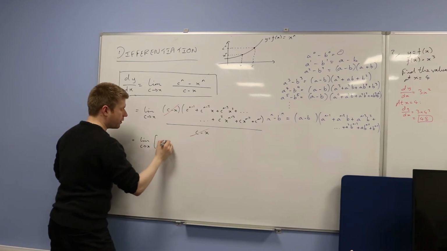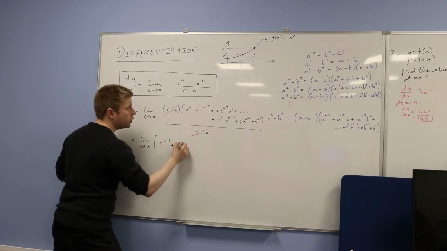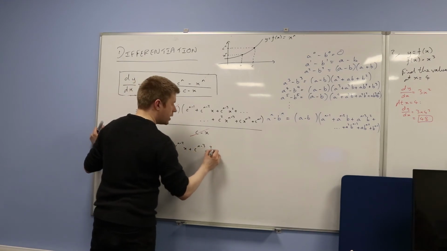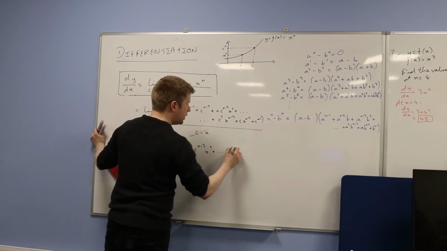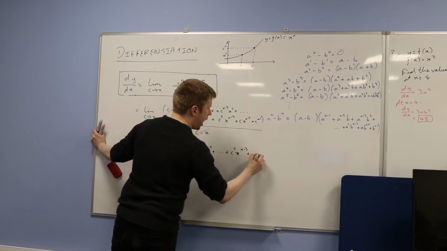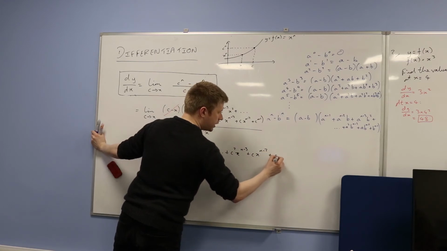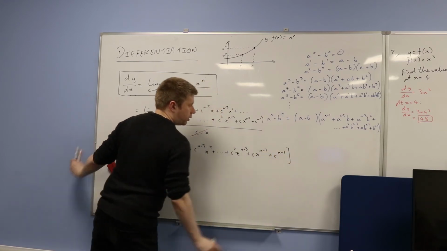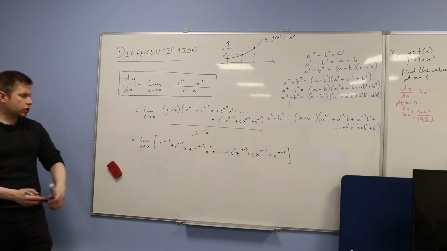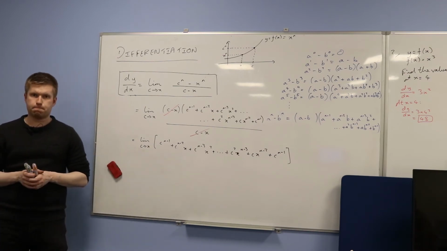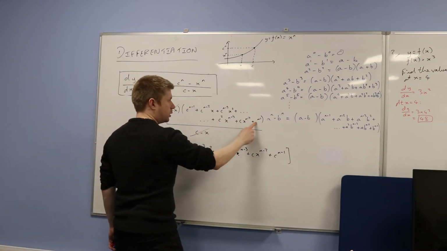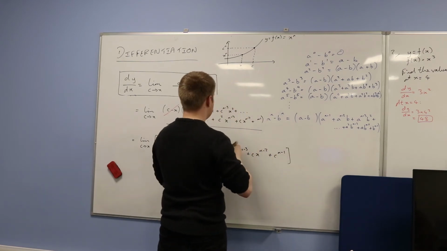So I've got c to the power of n minus 1 plus c to the n minus 2 x plus c to the n minus 3 x squared plus, right the way through to c squared x to the n minus 3 plus c x to the n minus 2 plus x to the n minus 1. Any more cancellations or simplifications that I can make with the bracket? Is that x to the n minus 1? Yes, it is. Thank you.